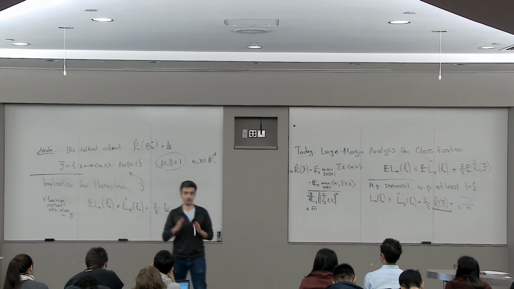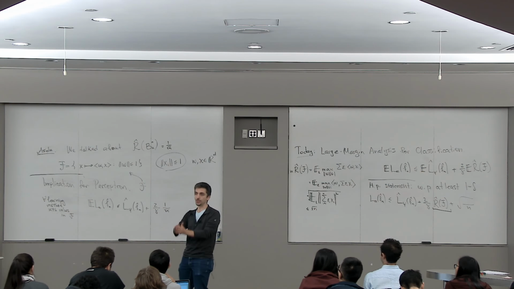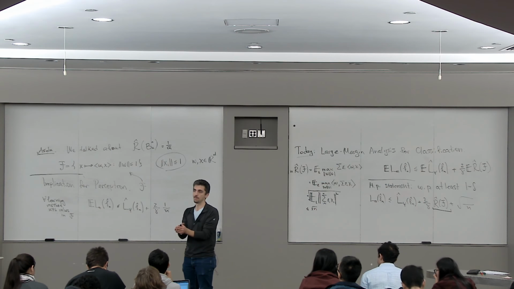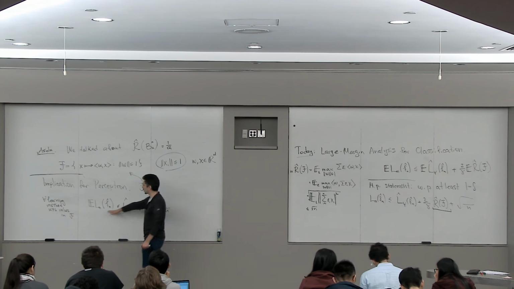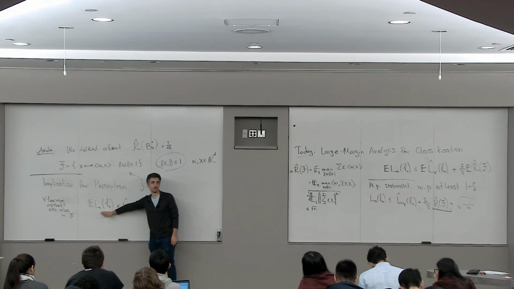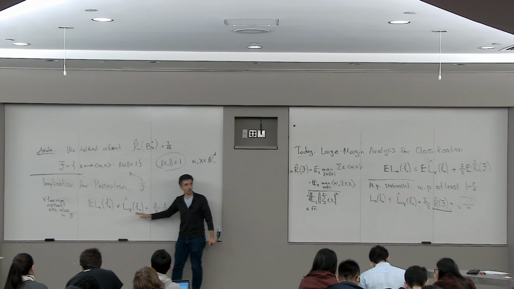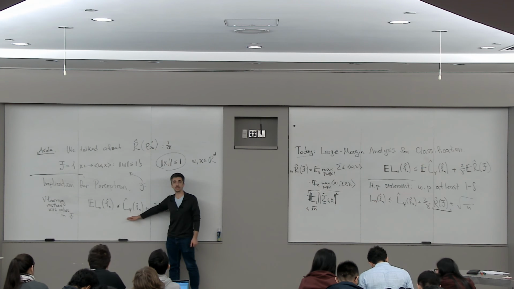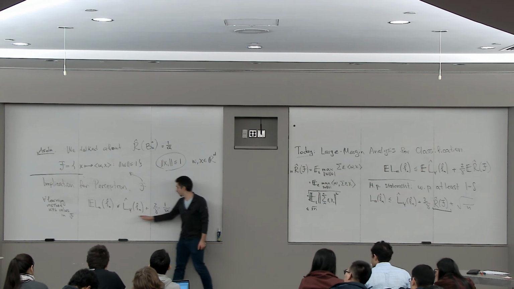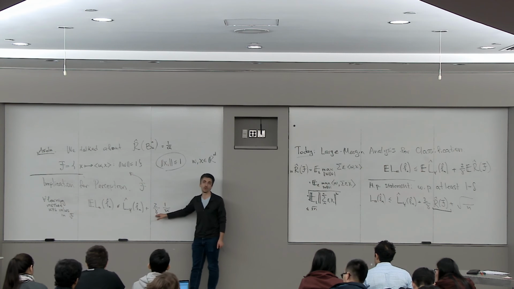So for any method that chooses a hyperplane, I can guarantee that future performance of this hyperplane is at most the number of gamma mistakes it makes plus 1 over square root of n and 1 over gamma.